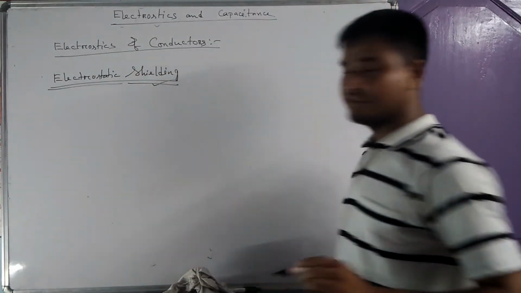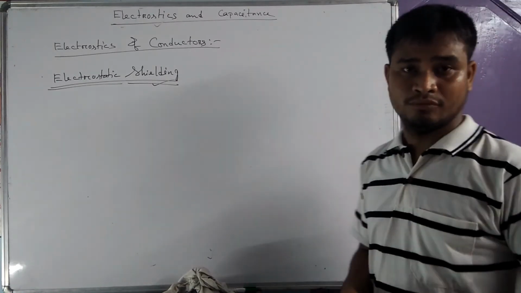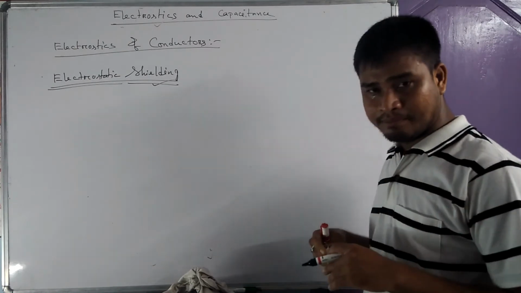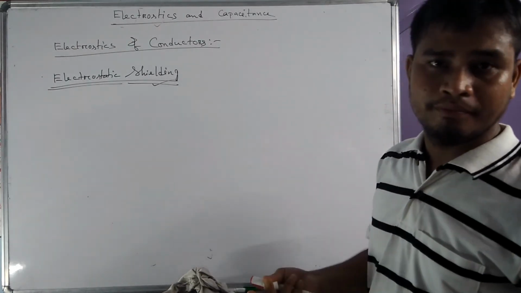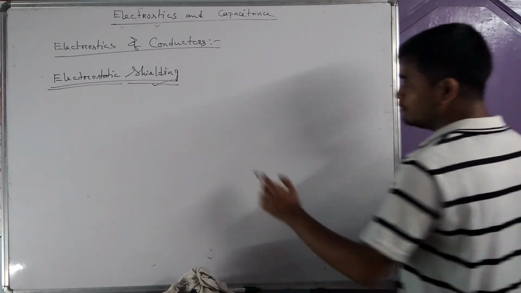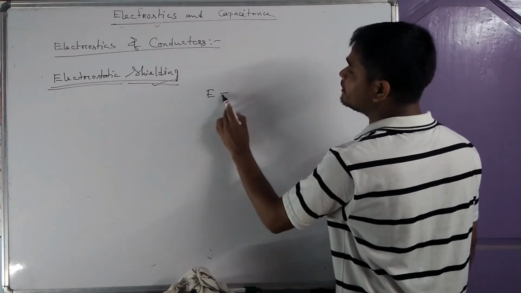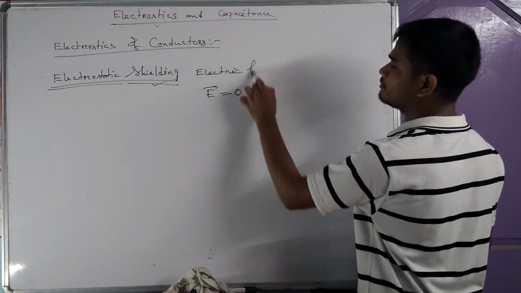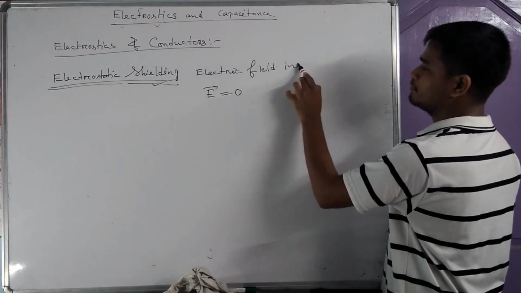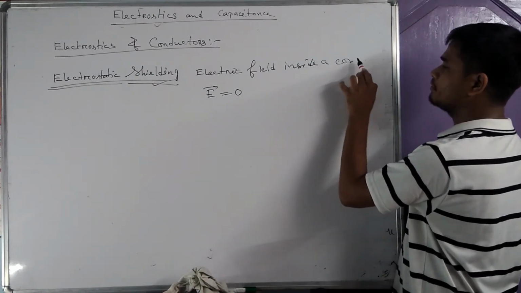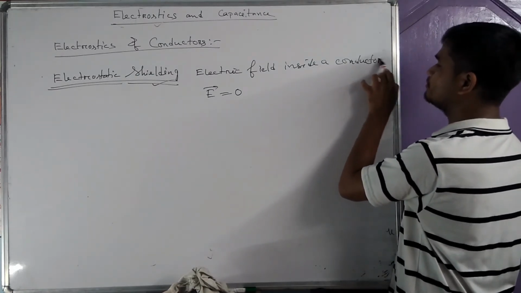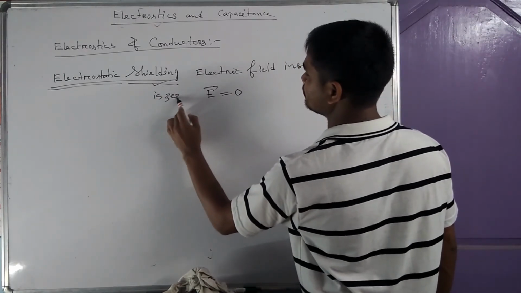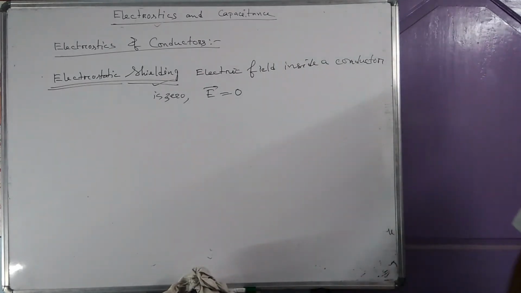What is the meaning of shielding? Shielding is to protect something. Electrostatic shielding means we have to protect some region from electric field. We already know that electric field inside a conductor is 0.